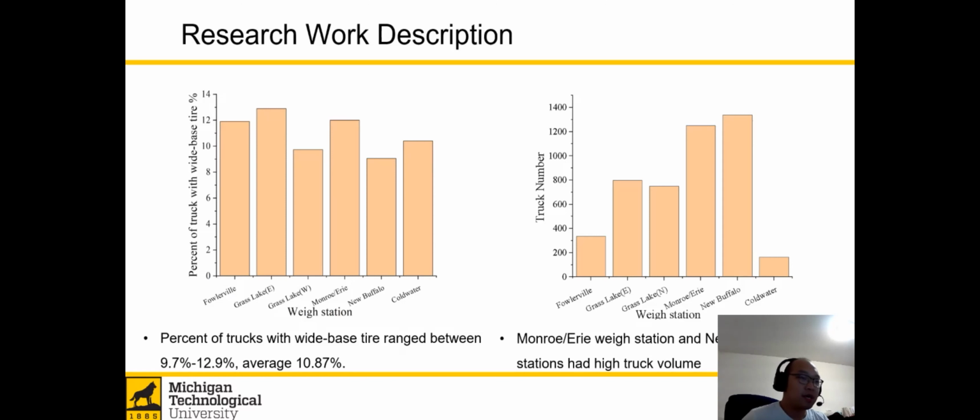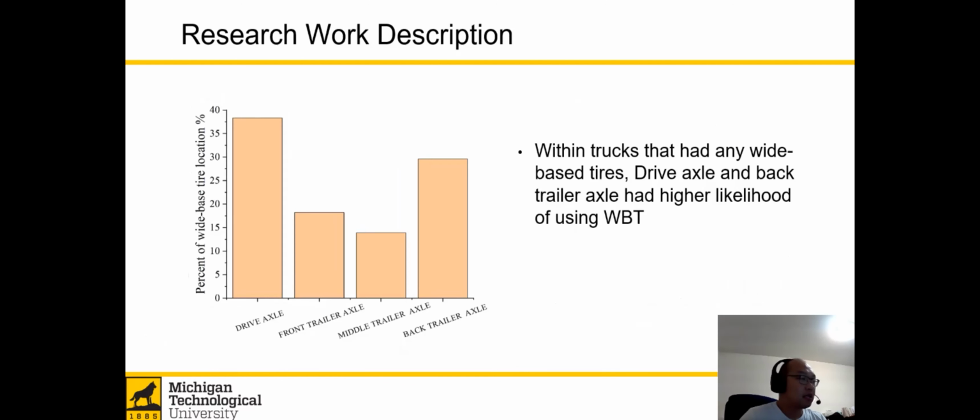The maximum is at New Buffalo, and the Erie weigh station also has high traffic volume. In total, we get about 6,000 trucks' data over those days, and we also look within the trucks to see if there is any wide base tire distribution on the truck.